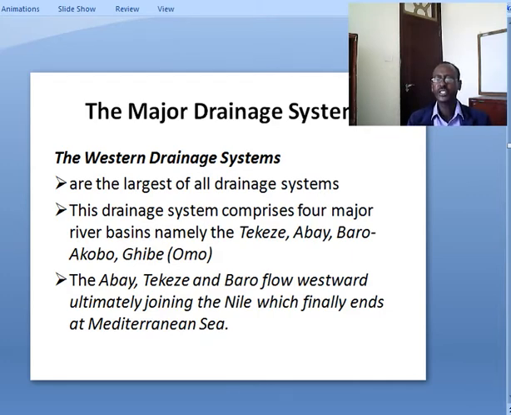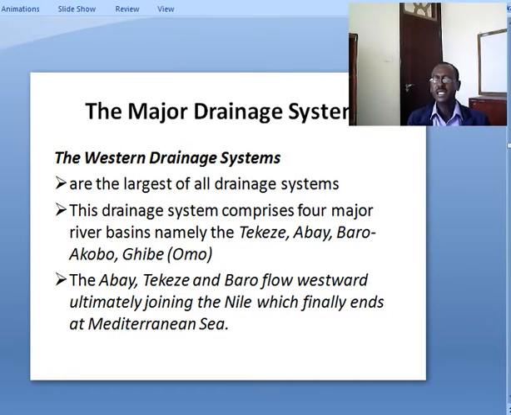1. The western drainage systems. These are the largest of all the drainage systems within the country. This drainage system comprises 4 major river basins, namely Takaze, Abai, Baro-Akobo, and that of Gibe-Omo.